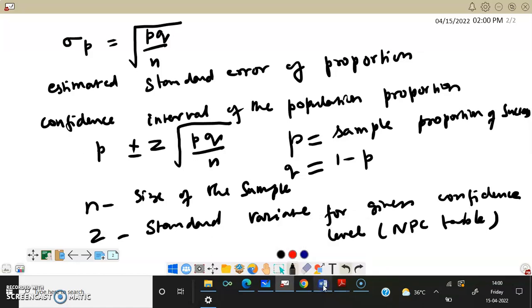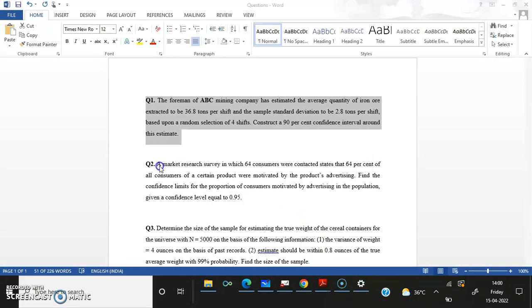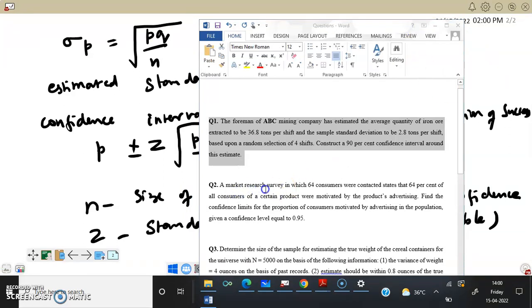I'll show the question. A marketing research survey in which 64 customers were contacted states that 64% of all consumers of a certain product were motivated by the product's advertising.